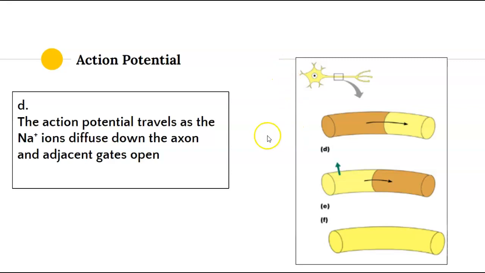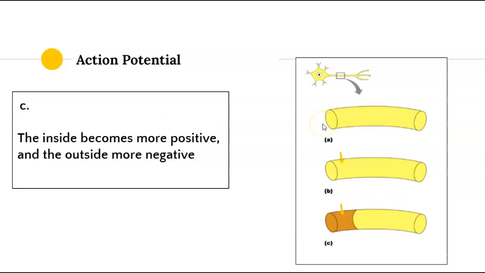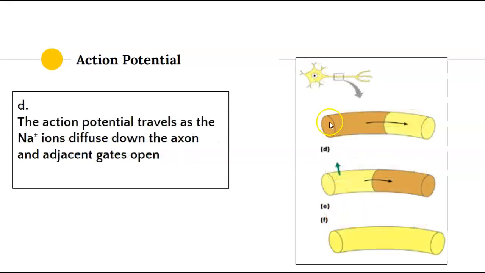The action potential travels as the sodium ions diffuse down the axon. Going back one, we're starting here, where we're not really doing anything, but now we're starting to diffuse those sodium ions in. We're seeing that change as it continues to travel.